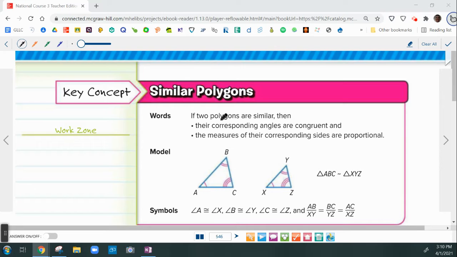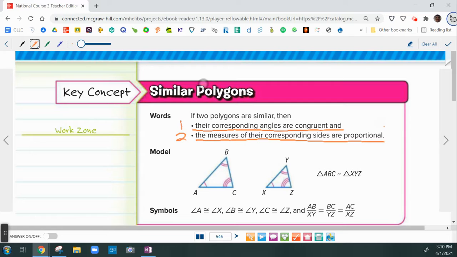In words, if two polygons are similar, they share these two important features. Number one, their corresponding angles are congruent. And number two, the measures of their corresponding sides are proportional. What does that mean?